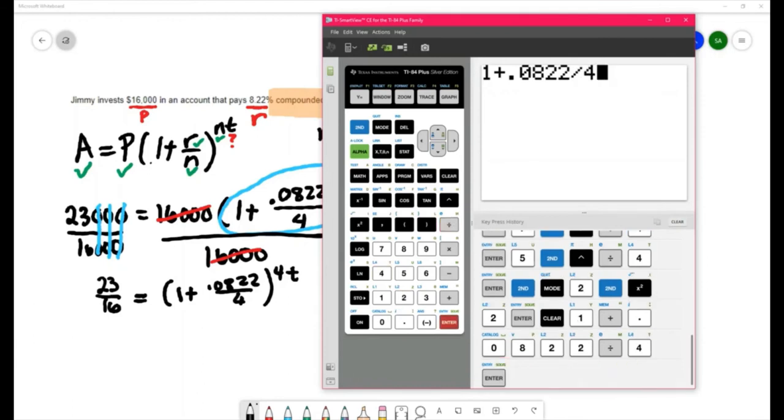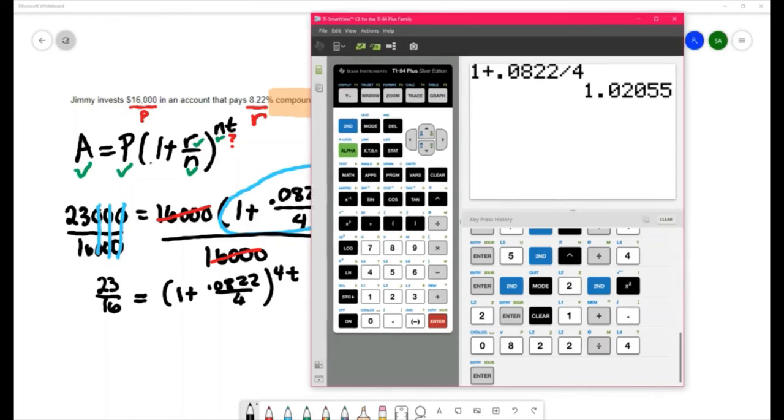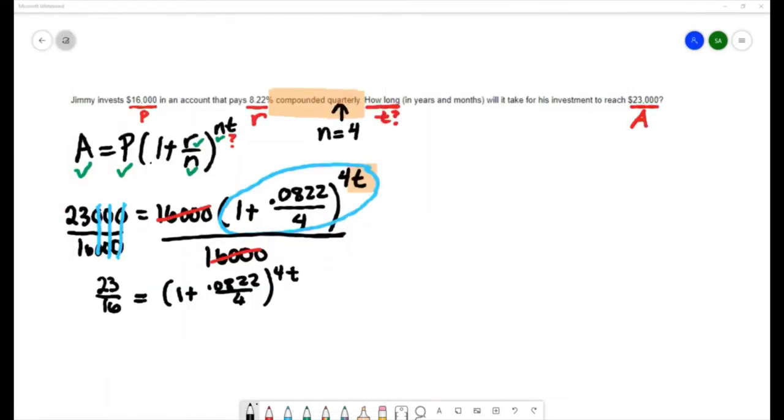As long as it doesn't have too many decimal places, that'll be okay. So that's 1.02055. We have 23 over 16 equals 1.02055 to the 4t power.